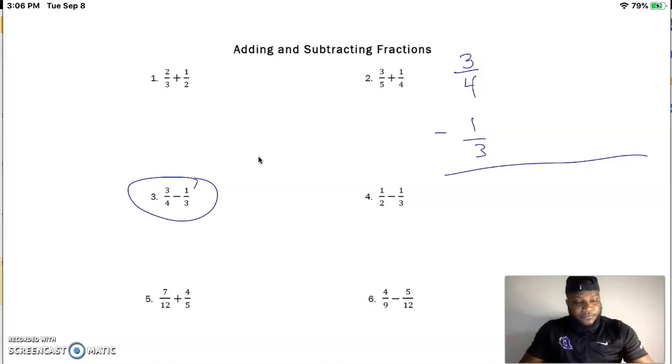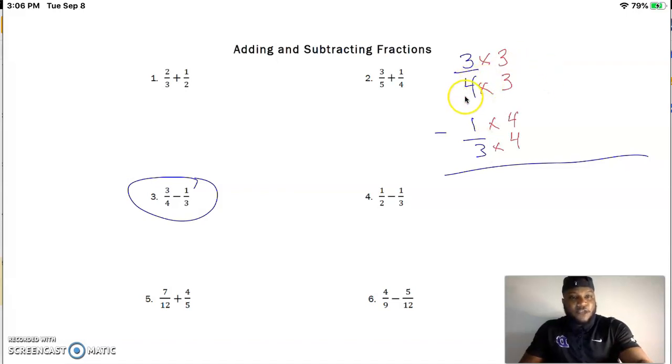So I'm going to multiply this one by what? 3, because 3 is the denominator of my other fraction right here. And I'm going to multiply the bottom fraction by what? By 4, because 4 is this fraction's denominator.